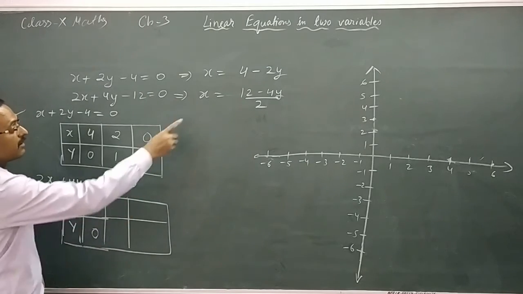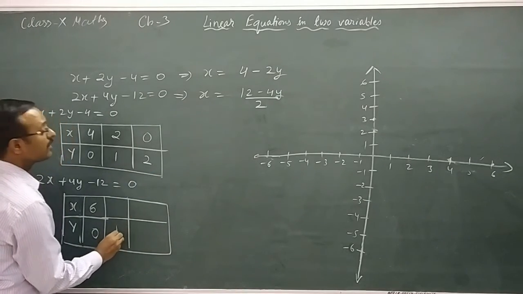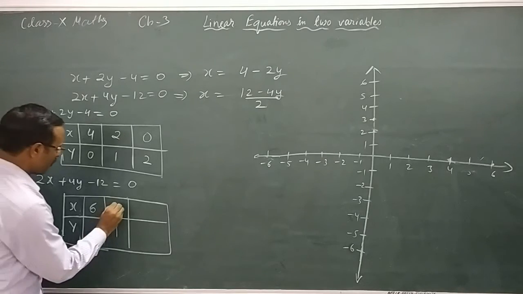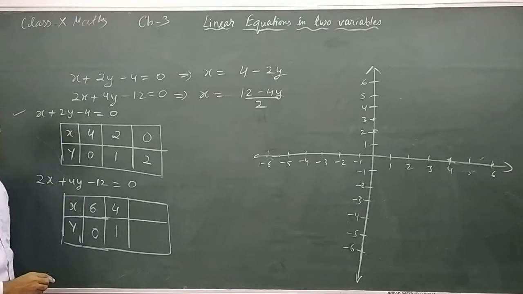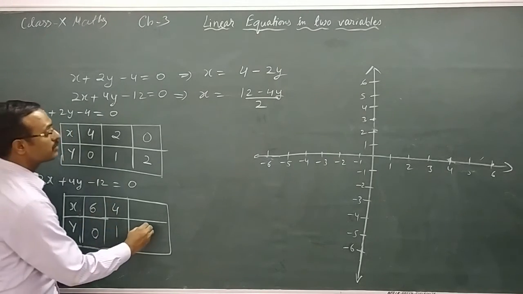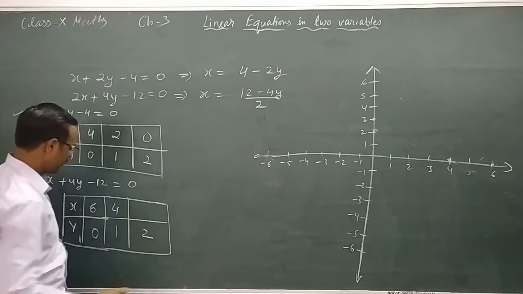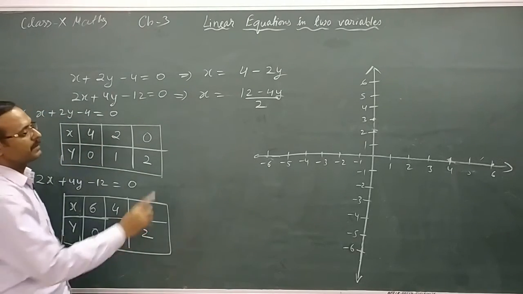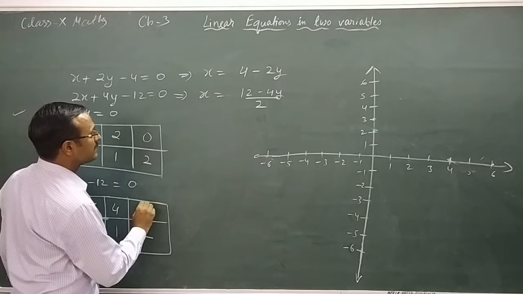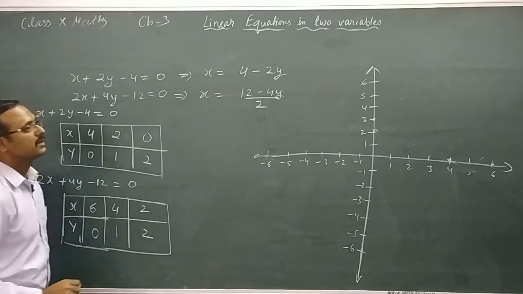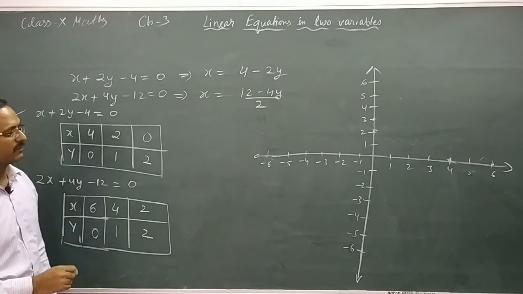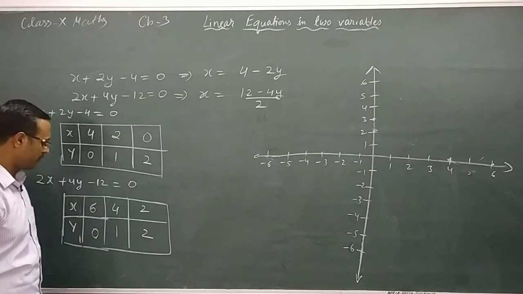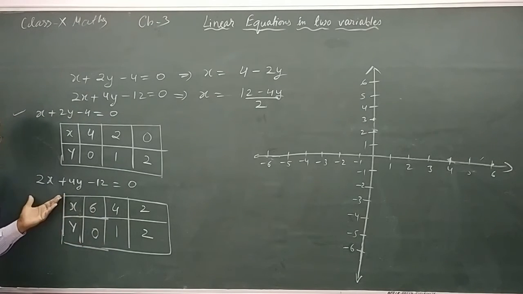Taking y equal to 1, we obtain x as 4. If you take y equal to 2, you will obtain x as 2: 12 minus 8 equal to 4, and 4 divided by 2 will be 2. So these are the values for the second equation.